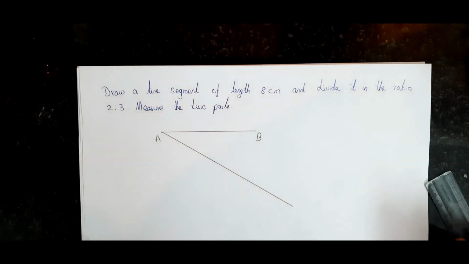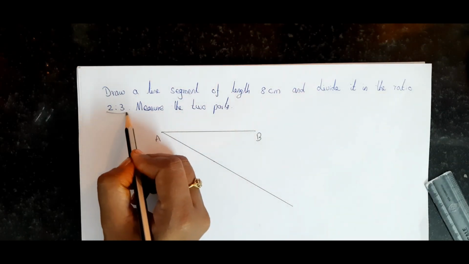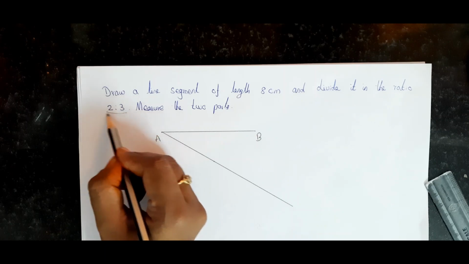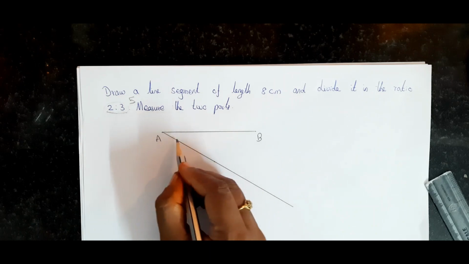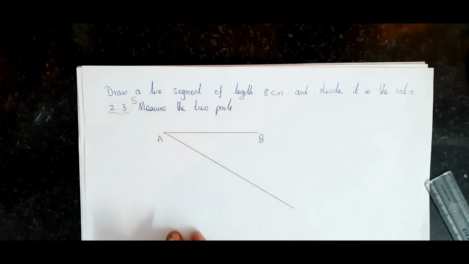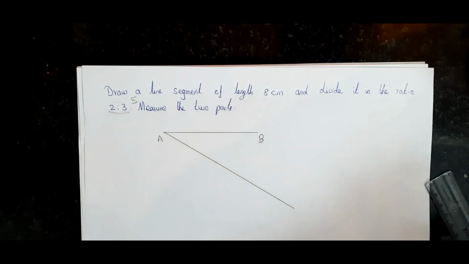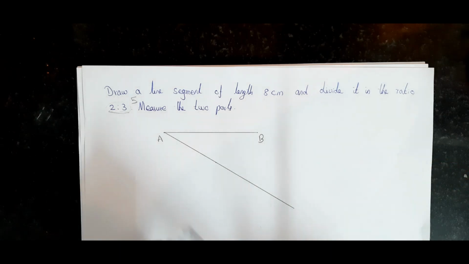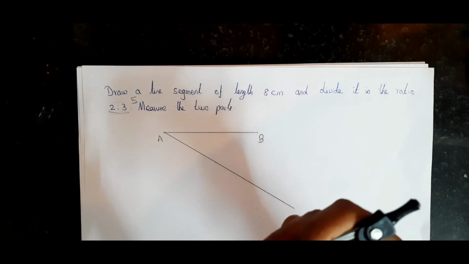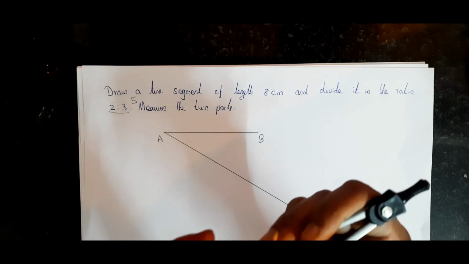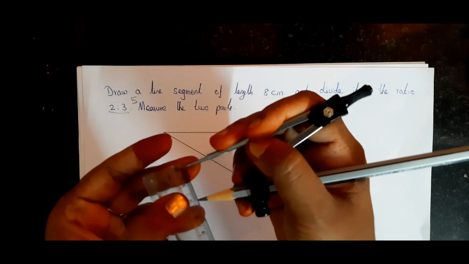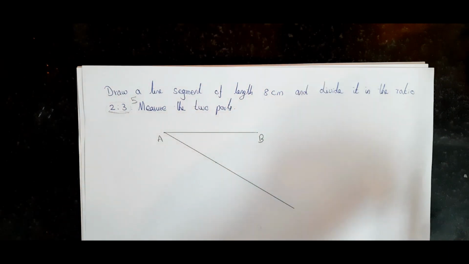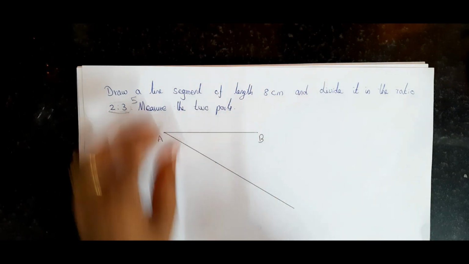Okay, so now we see our ratio is 2:3. Then next we have to add the ratio. 2 plus 3 equals 5. So we need to make 5 equal parts. Here I am going to take 2 centimeter. We can take 1 centimeter also, no issue. So I am taking 2 centimeter. How many equal parts? 5 equal parts.